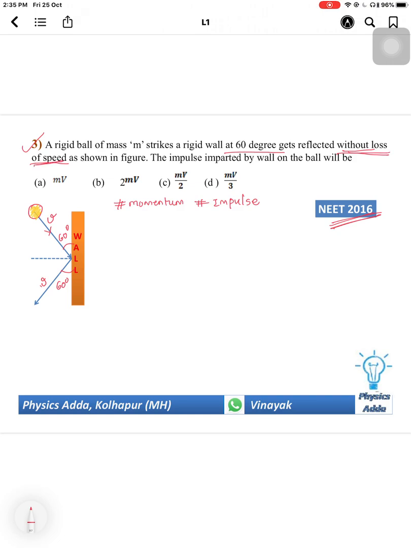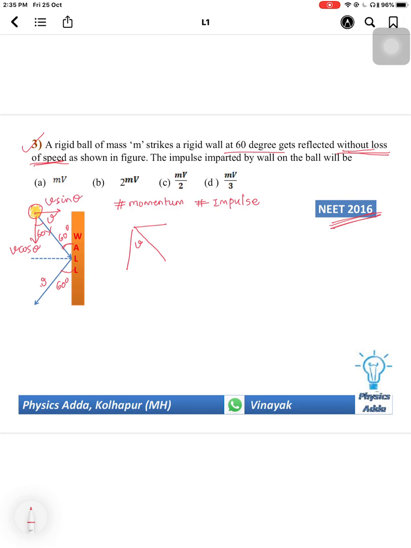Okay, so if I am resolving this v, that is initial v, in two components, it will be like this. Since this angle is 60°, this angle will be 60°. So this will be what? v cos theta. This component will be v sin theta.